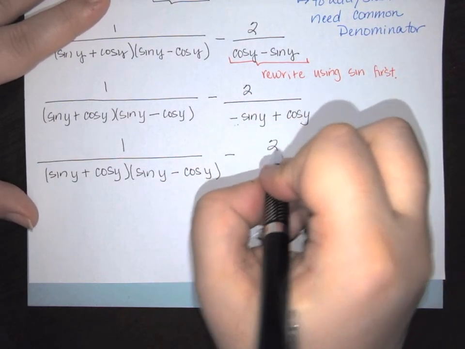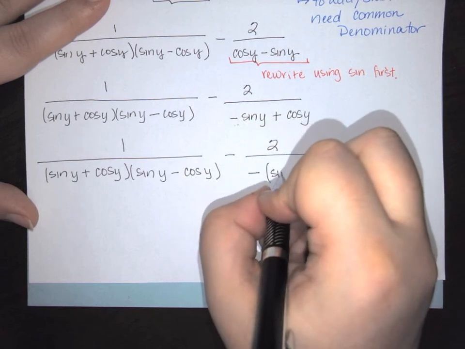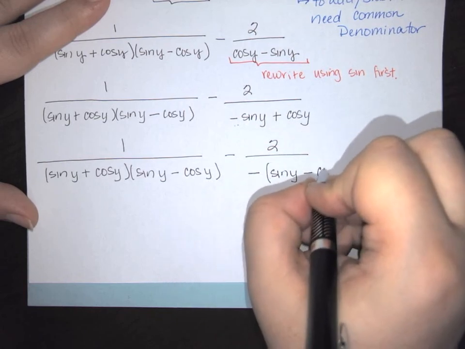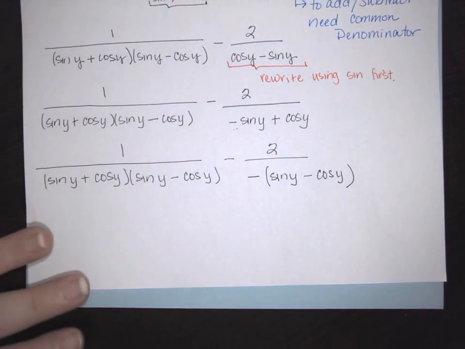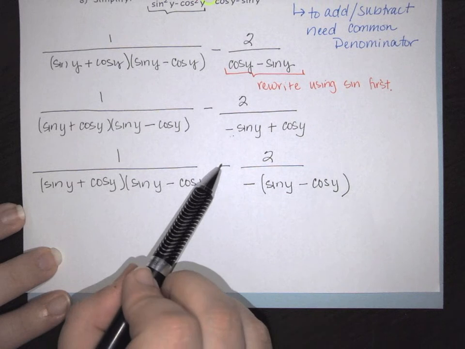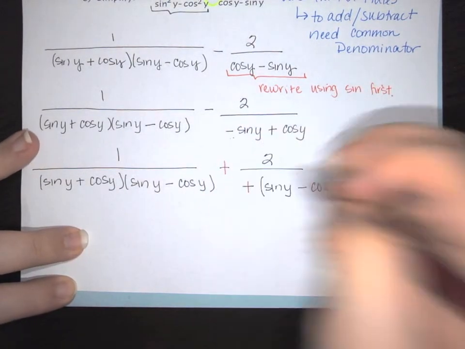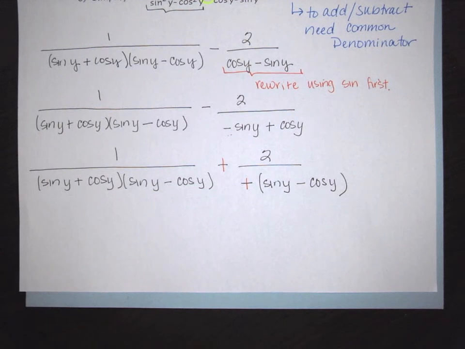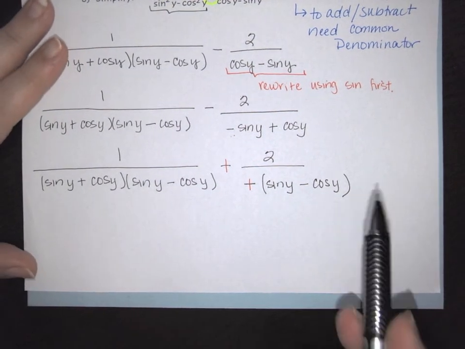I have 2 on the top, and now this is going to be negative on the outside of sine of y minus the cosine of y. Now the biggest thing you have to remember is we have minus a negative, so in our rules that essentially is positive.